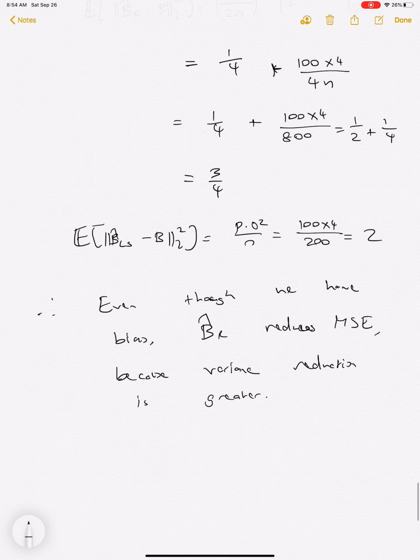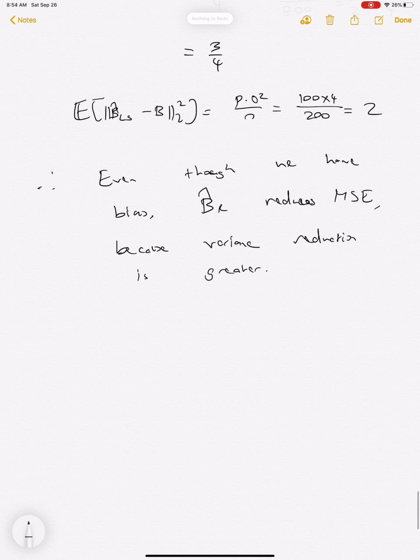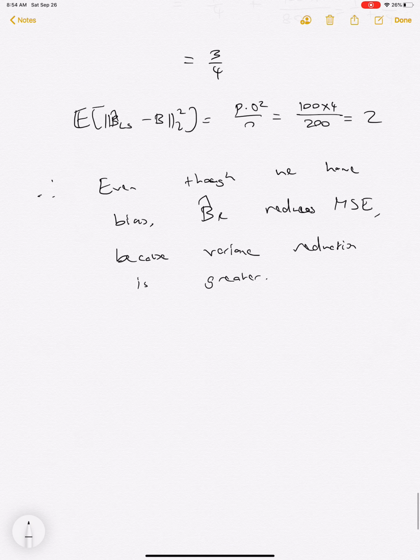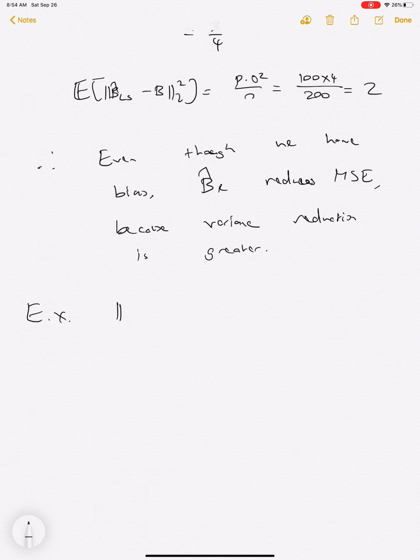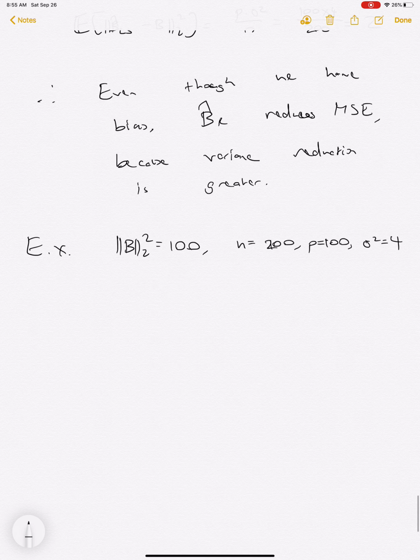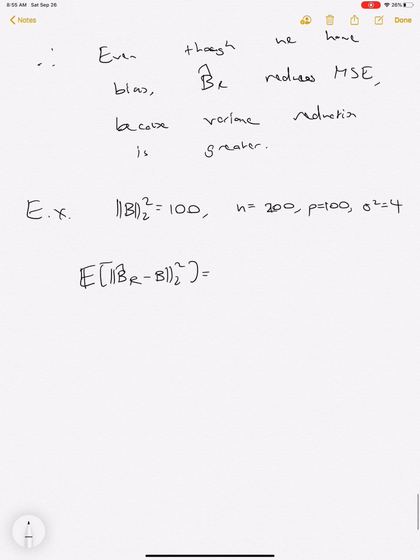Okay, and on the other hand, if you took exactly that same example, but now you changed the norm of b squared to equal 100, with n equals 200, p equals 100, and sigma squared equals 4, you can see that in that case the expectation of beta hat R minus b squared is going to be pretty bad here.